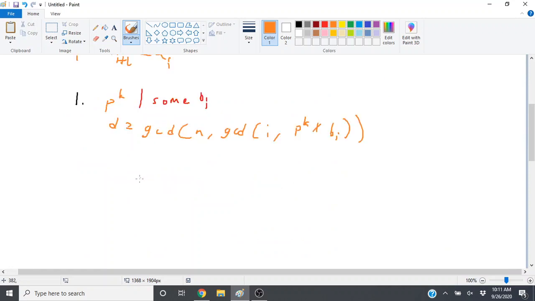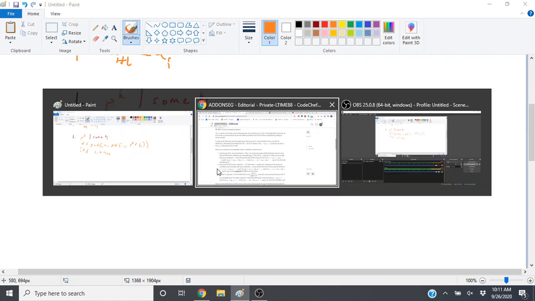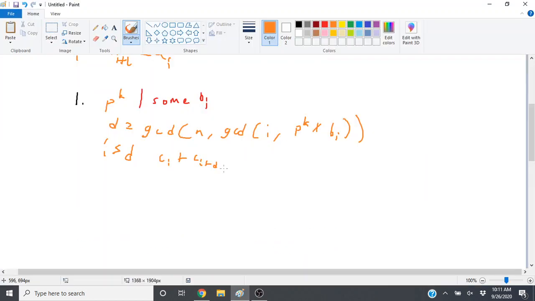Okay. Then for every i less than or equal to d, the sum of c_i plus c_{i+d} plus c_{i+2d} up to n is divisible by p^k.